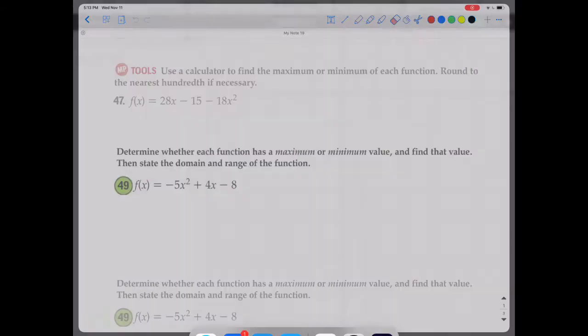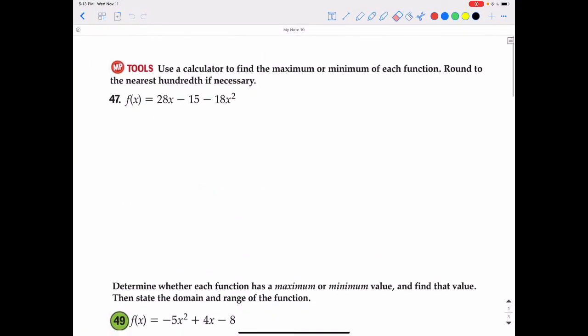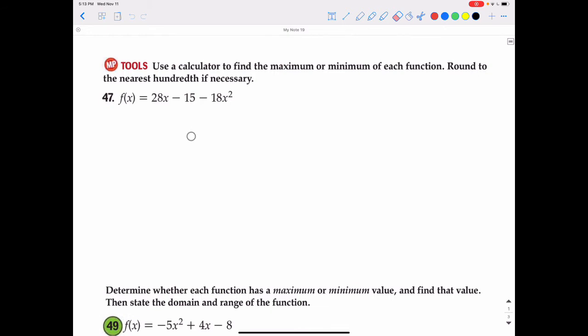So I would answer that by saying that there is a maximum at negative 4.11. Again, I have rounded it to the nearest hundredth, and that is 2 places behind the decimal.